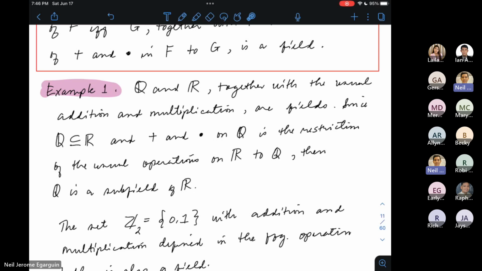Pag binigyan ko kayo ng number, halimbawa 5, anong additive inverse ni 5? Negative 5, sir. Yan, negative 5. Pag binigyan ko kayo ng negative 3, ang additive inverse niya ay 3. Right. Thank you, Jerson.